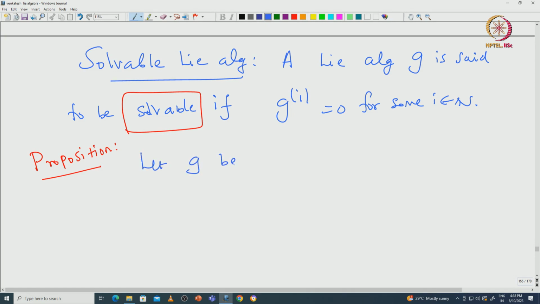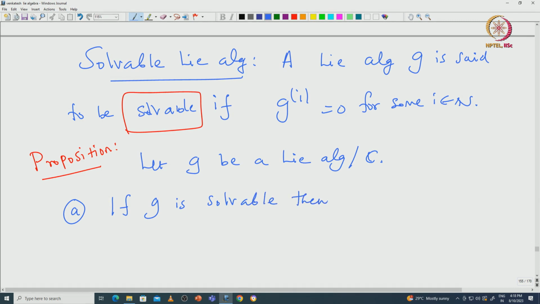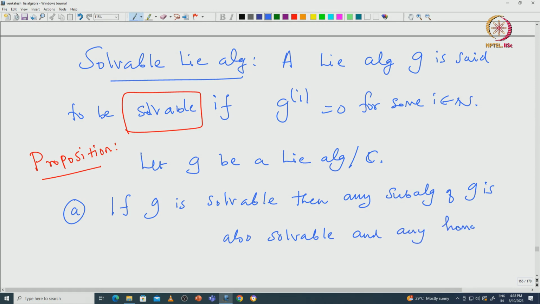Let G be a Lie algebra over C. Then if G is solvable, then any subalgebra of G is also solvable, and any quotient of G, or any homomorphic image of G, is also solvable.